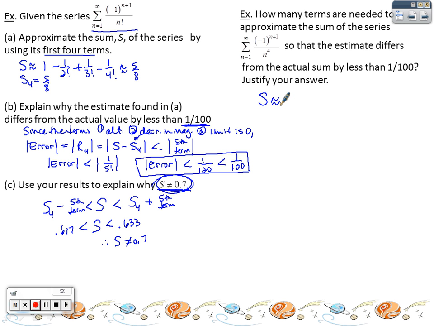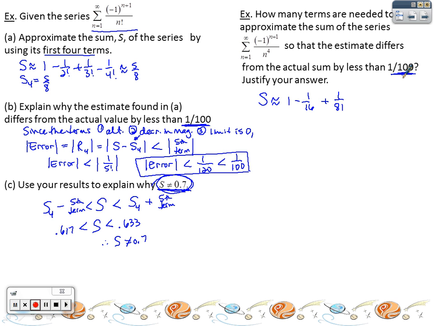So if I put a 1 in there, I get a 1. If I put a 2 in there, I get minus 1/16. If I put a 3 in there, I get 1 over 81. And what am I looking for? What significance does this play? I want my next term to be smaller than this. I want it to be better than this.